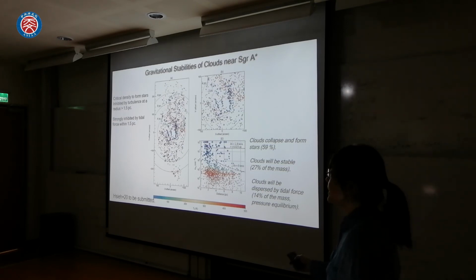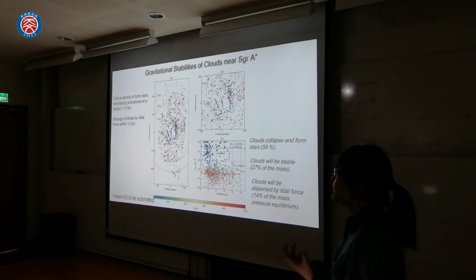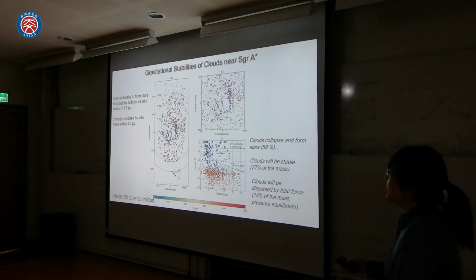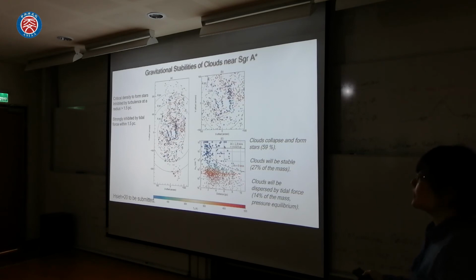So the tidal force doesn't do anything important beyond 1.5 to 2 parsec. But within 1.5 to 2 parsec, the gravity increases sharply and strongly prohibits the formation of stars within the central 1.5 parsec.